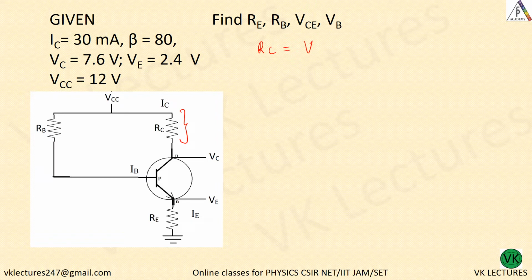That is IC. So VCC minus VC divided by IC. So what is that? VCC is given to be 12 volt. 12 minus VC, which is 7.6, divided by IC, that is equal to 30 milliamp. So 12 minus 7.6.